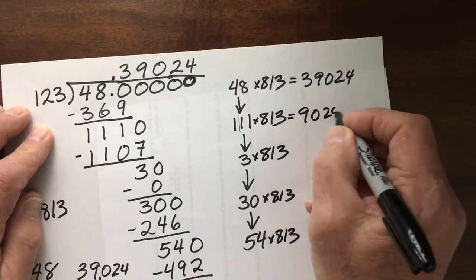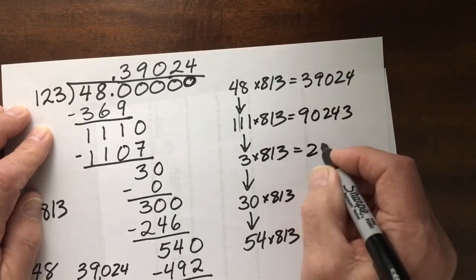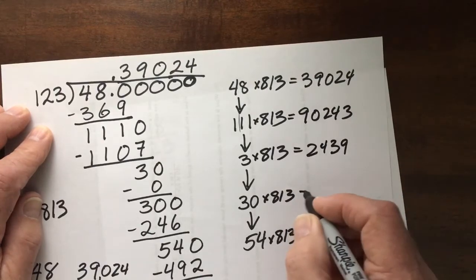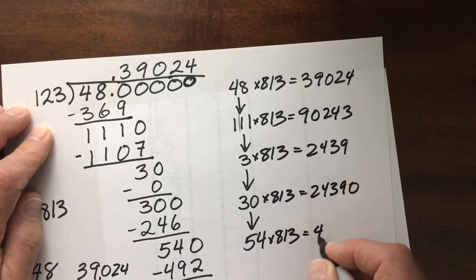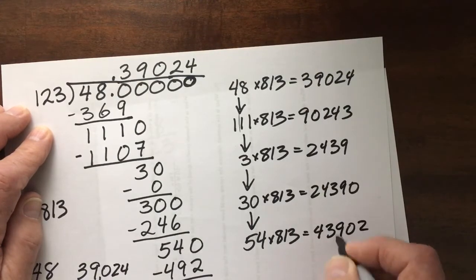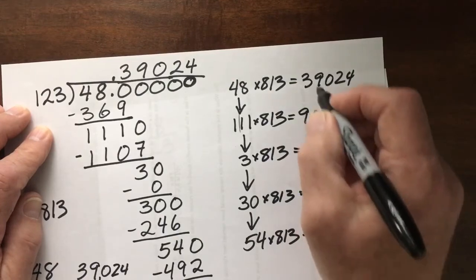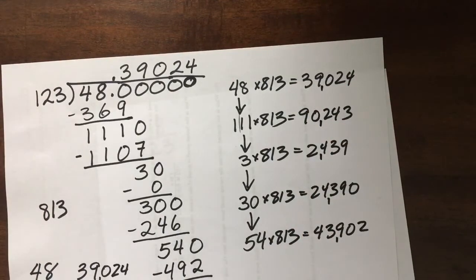You get 90243, 2439, 24390, and 43902. The same rotating pattern. So the numbers that looked like they were nothing, and for most of my life would have meant nothing to me, now I know there's some greater meaning. They actually belong, when multiplied by the correct number, to come from a number that has this cycling pattern, this rotating pattern.